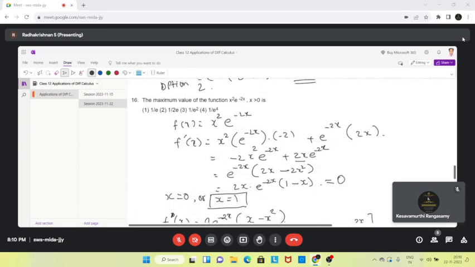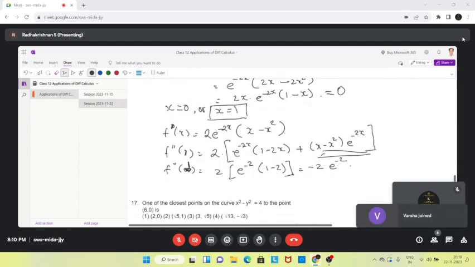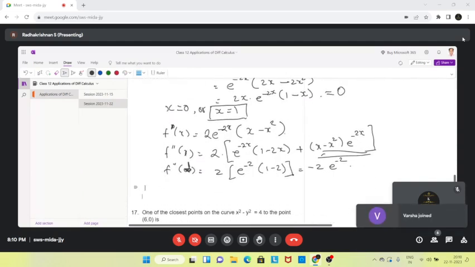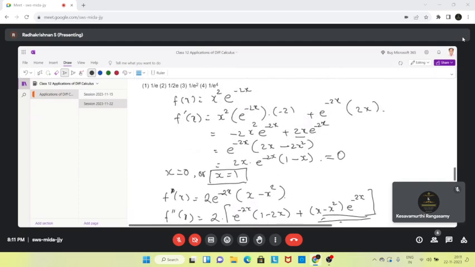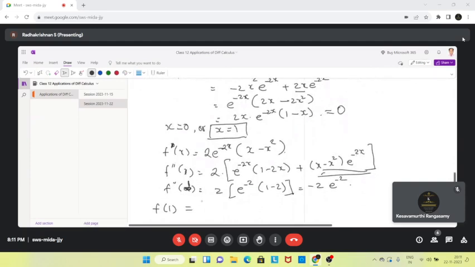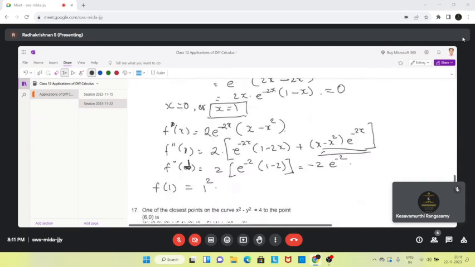And what are they asking? What is the maximum value of that function when x equal to 1? That means f of 1 is what is needed. F of 1 equal to x square e power minus 2x with x equal to 1.